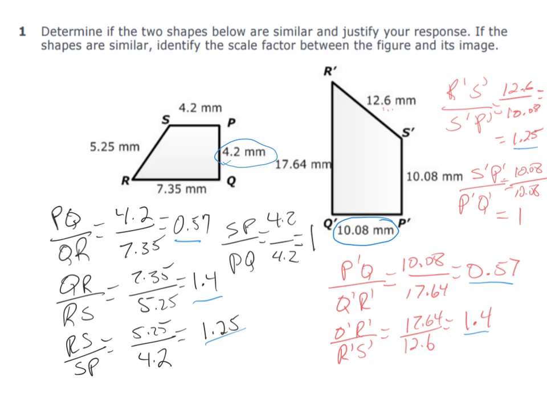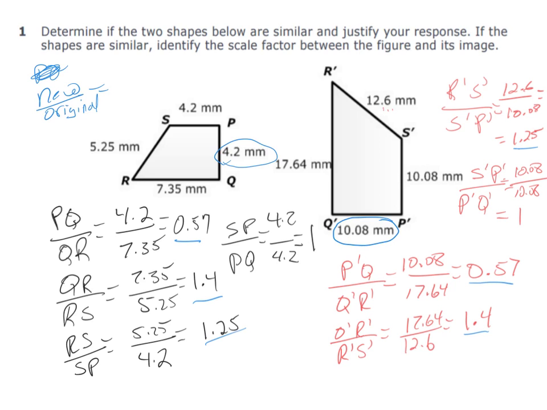Okay, so here I'm going to take PQ. Now PQ, let's make sure we get this right. We need to have new divided by original. This is to find the scale factor.